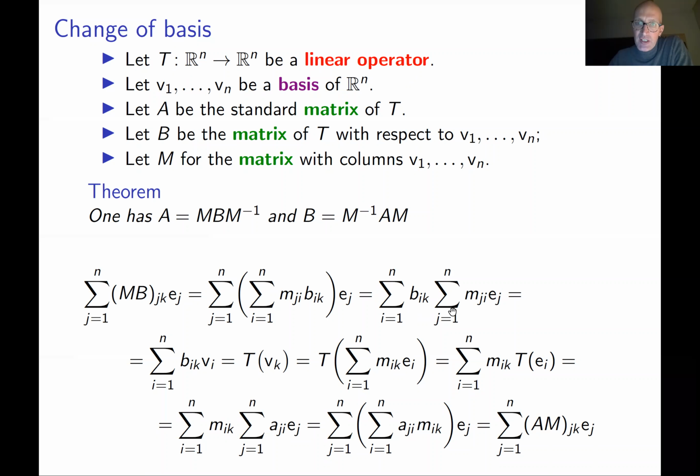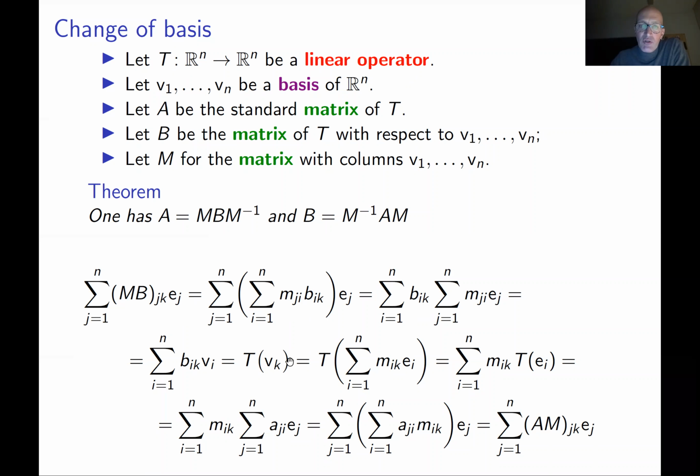So you have this equality. And then, as usual, we use this change of summation trick. You change the summation, you play around, and you observe that this is nothing but the formula for the jk entry of the product of matrices MB. And you get this equality.